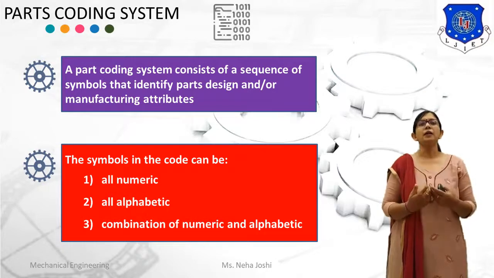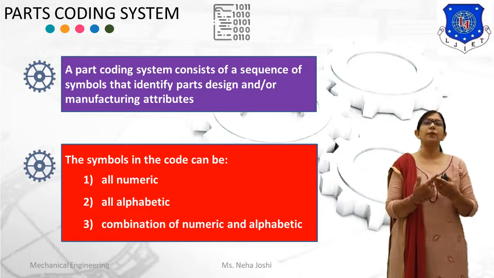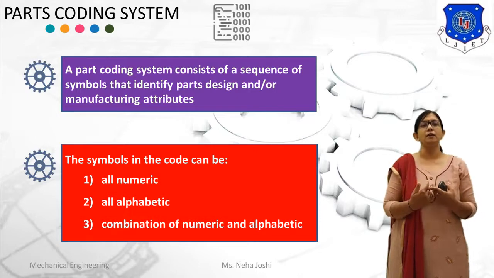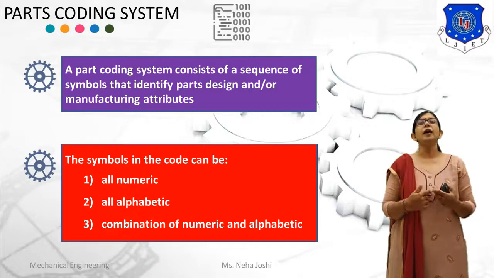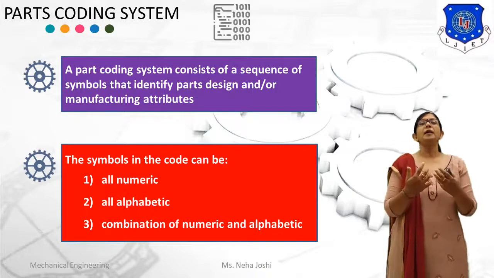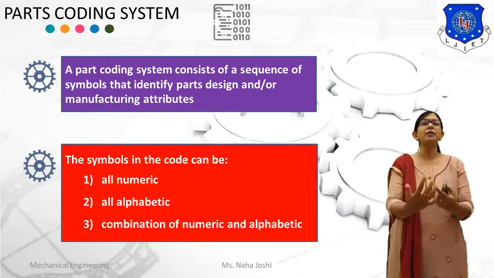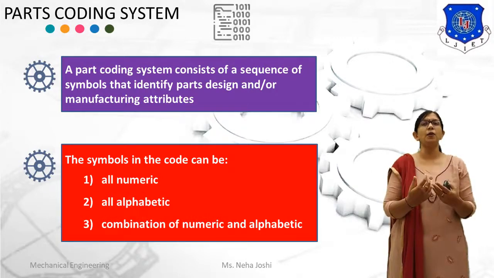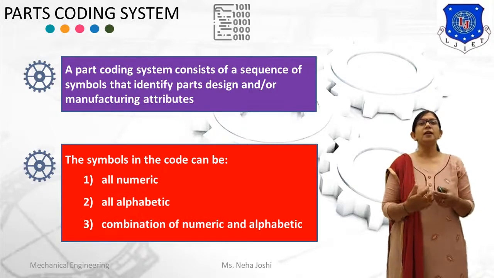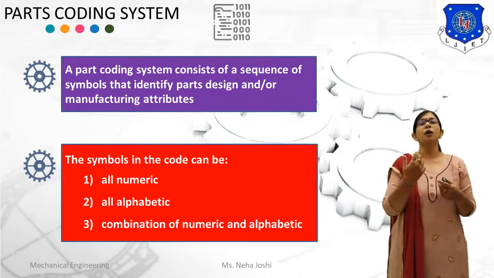Some people may think that coding is just a simple task and can be easily done. However, it is actually a very difficult and complex problem. Much time and energy have to be spent in order to find the best coding system that is suitable for the company.